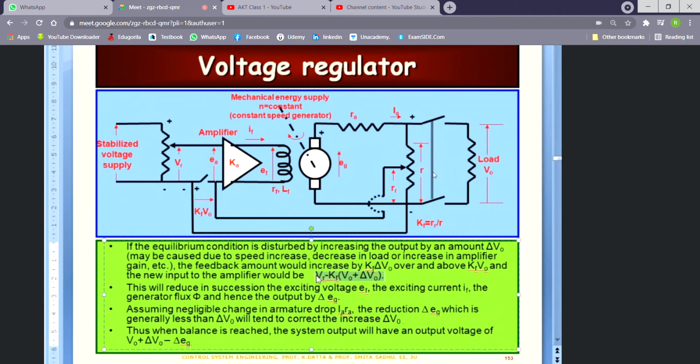Now the EA is equal to VR minus KF VO minus KF into delta VO. So it's a bit smaller, it's lesser than what it was earlier. This is EA that I'm speaking of, right? So EA earlier was VR minus KF VO. Now EA has become VR minus KF VO minus KF into delta VO. So it is lesser than what it was previously.